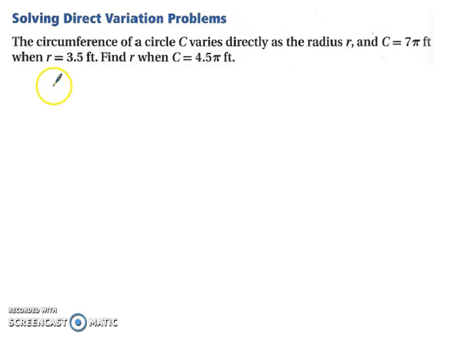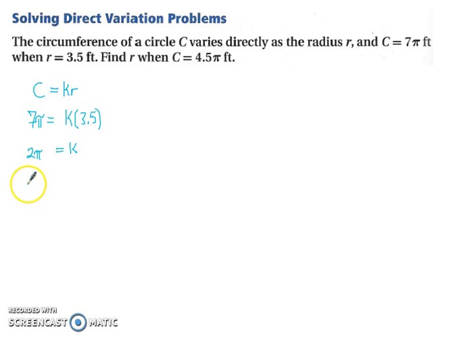We're just going to use c and r instead of y and x. So we can go c equals k times r, which means we have 7 pi equals k times 3.5, leaving us with k equals 2 pi.